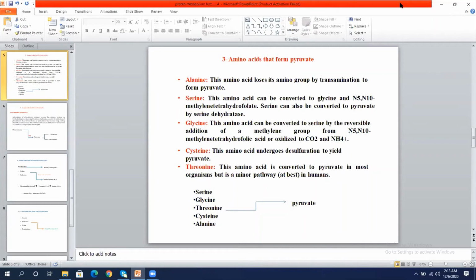Threonine is converted to pyruvate in most organisms but it is a minor pathway in humans. Collectively, the reactions of serine, glycine, threonine, cysteine, and alanine are presented as conversion to pyruvate by the action of different types of enzymes.